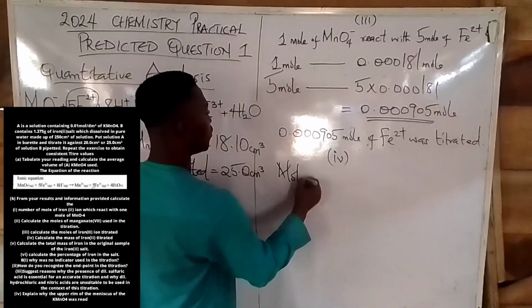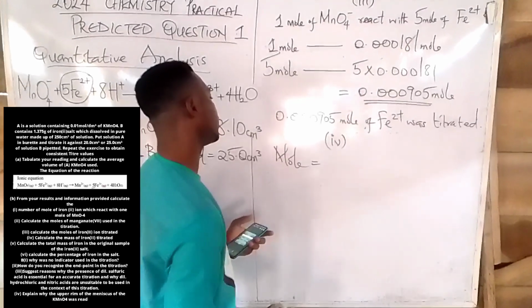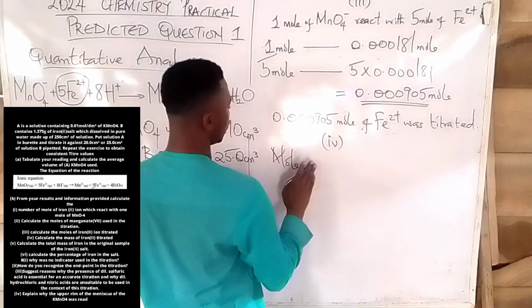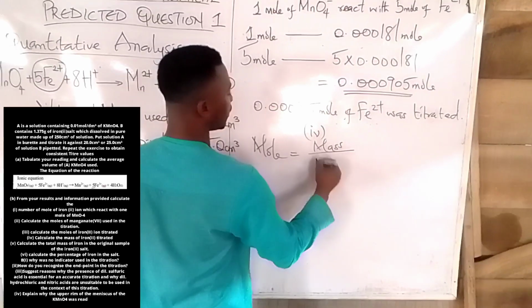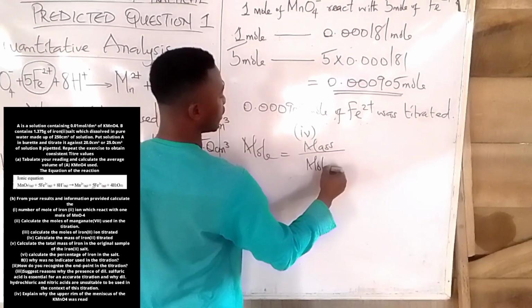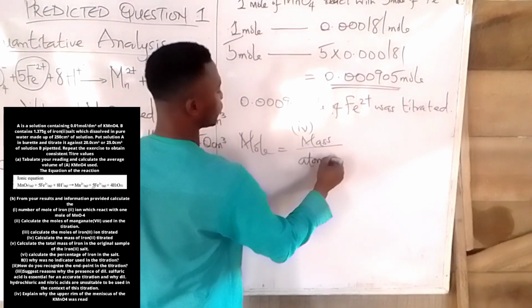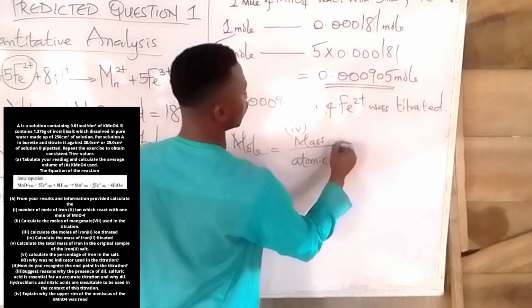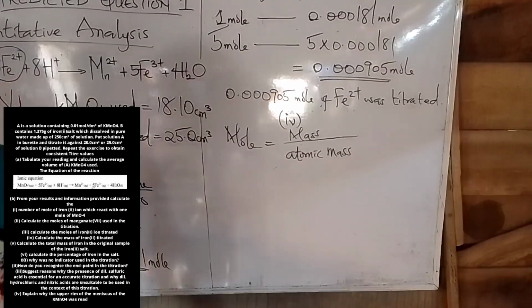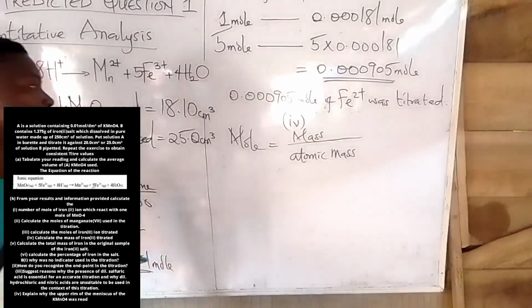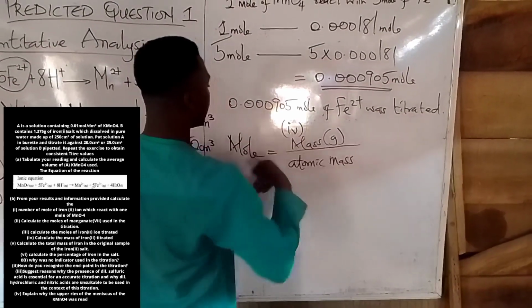The formula for mole is mass divided by molar mass, or let me use atomic mass. It is mass over atomic mass, in as much as we are looking for the mass in gram.